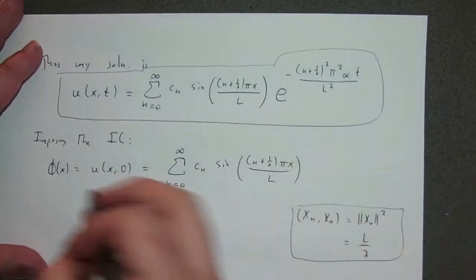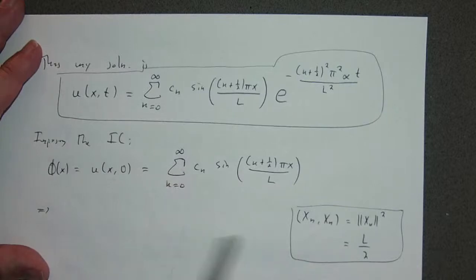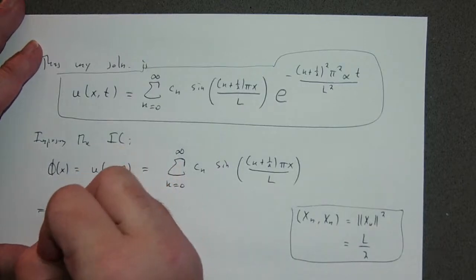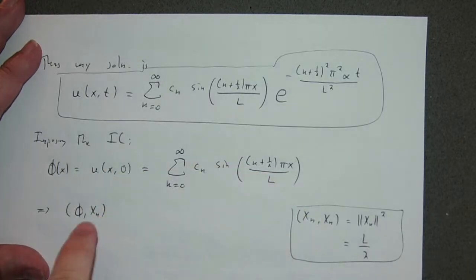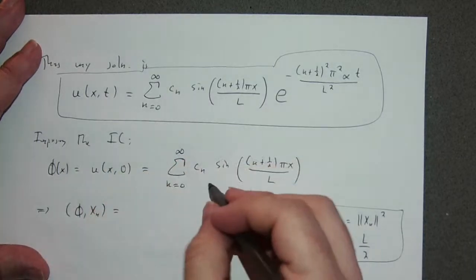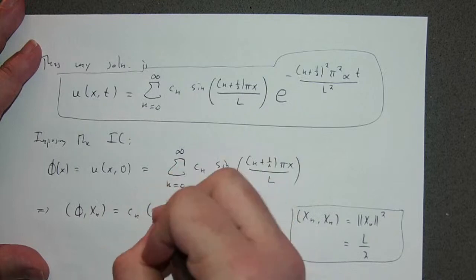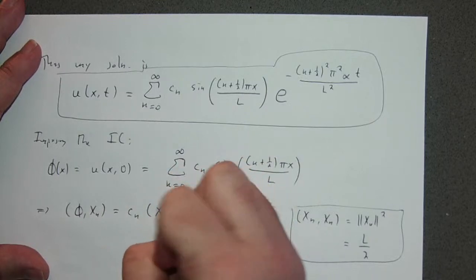So it turns out that by orthogonality, exactly how we always do this, we pair phi with X sub n. What this means is that phi paired with X sub n is equal to c sub n times X sub n paired with itself.